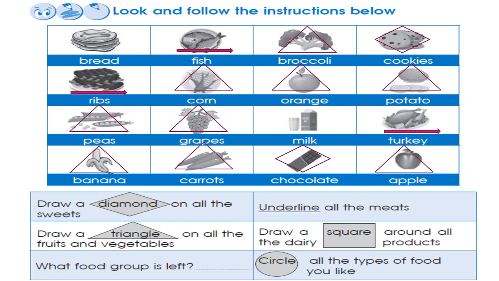After that, you must draw a circle around all the types that you like. Okay? So, what's your favorite food here? For example, my favorite food is fish. So, I am going to draw a circle around fish. Okay?